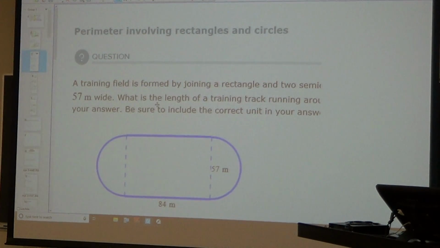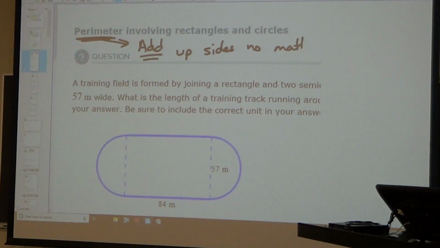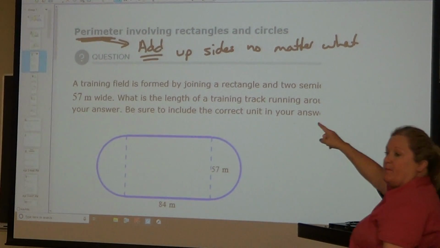Now, you're gonna fuss at me because you're gonna say, these look just like the problems we just did. The ones we just did were area. These are perimeter. Add up sides no matter what. So whether they poke it out or whether they suck it in, it don't matter. When it says perimeter, add them up.